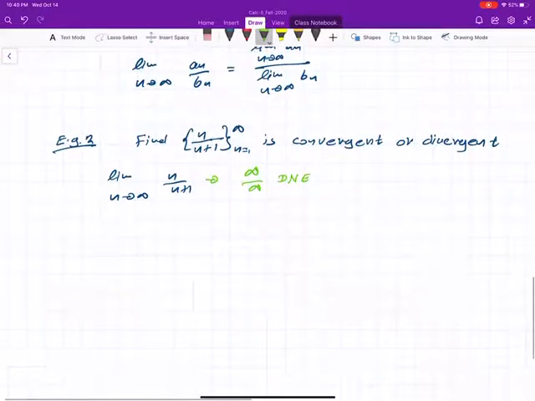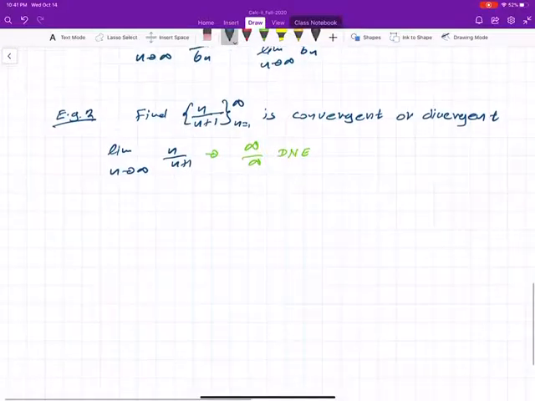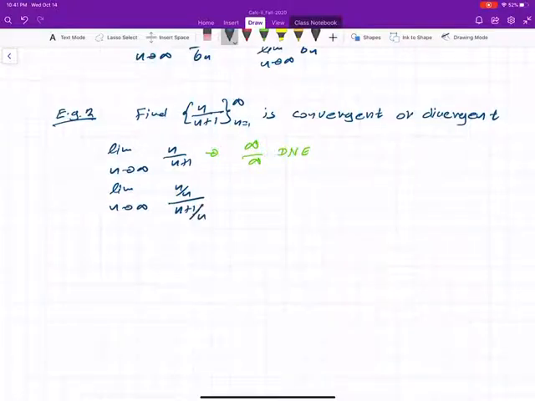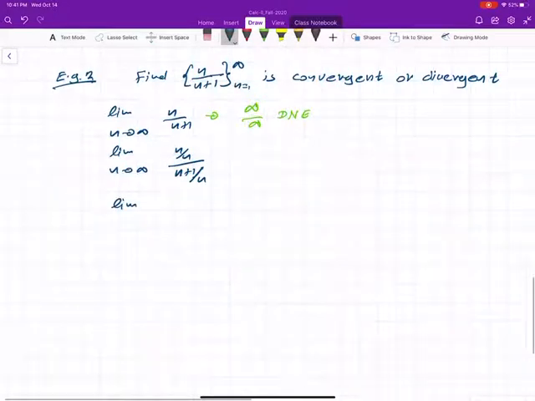Now, because of that reason, you have to use your knowledge from Calc 1 where you learned the limit of a function. Here, the simplest thing that you could do is divide the numerator and denominator by n. So I'm going to divide the numerator by n and the denominator by n. Let's see what I get. Limit n goes to infinity.